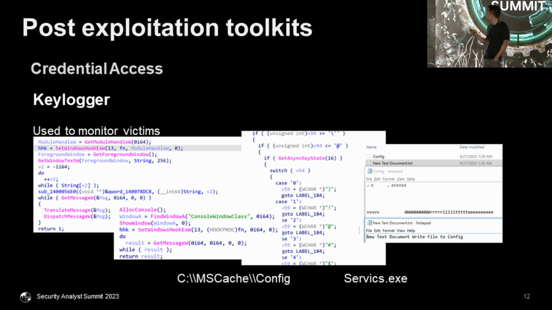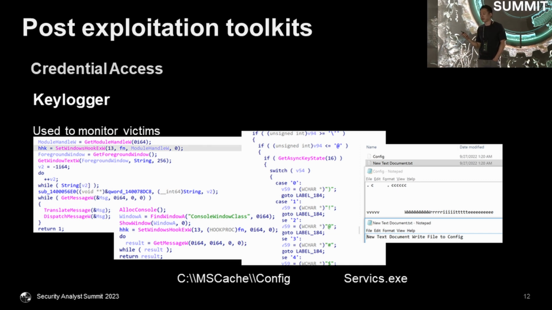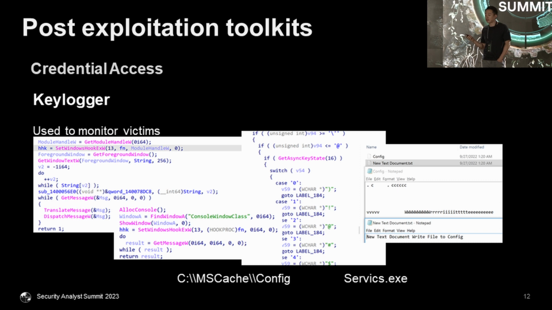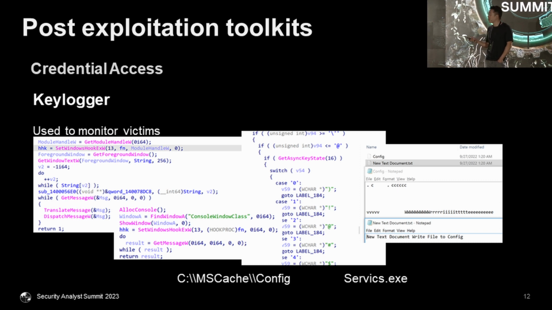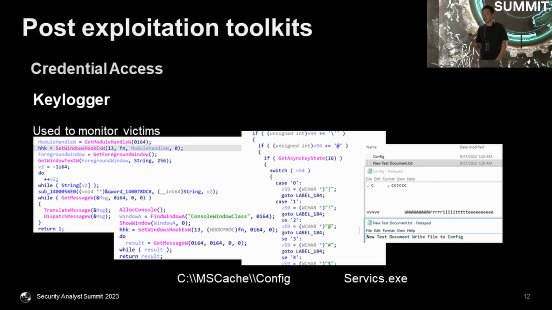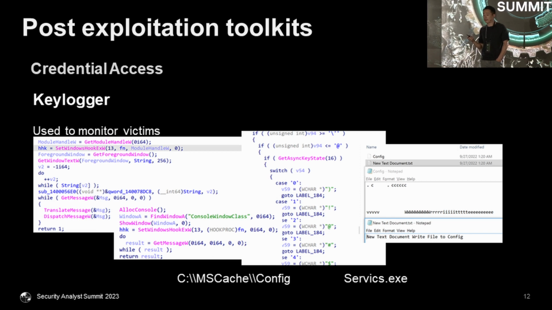Okay, another credential access tool we found is a keylogger. On the right, we see the file name is service. It mimics some legitimate file, and it uses the classic Windows API to get the victim's key input.